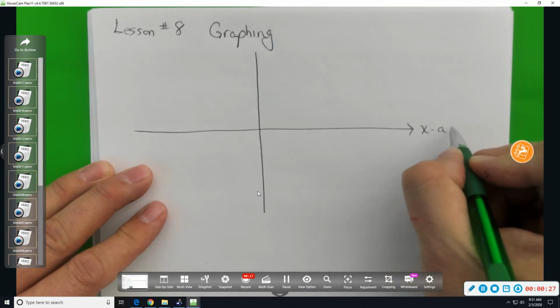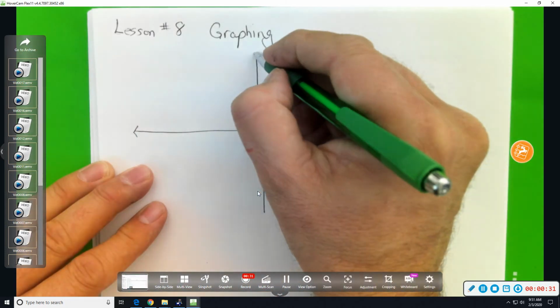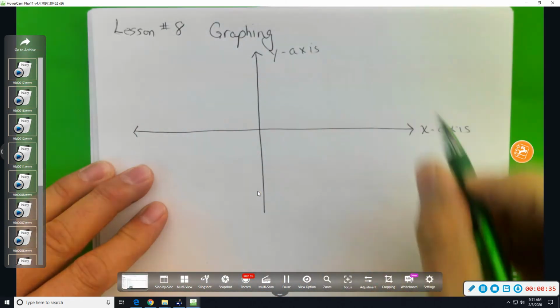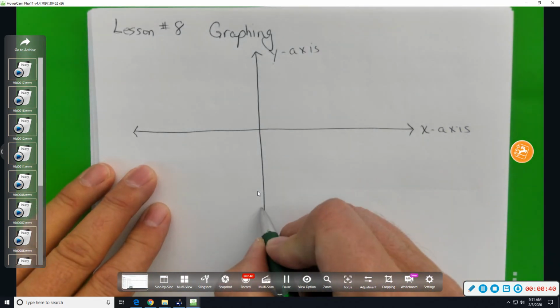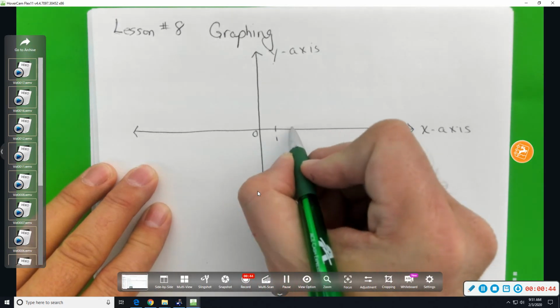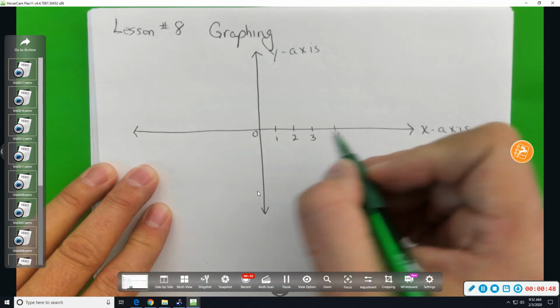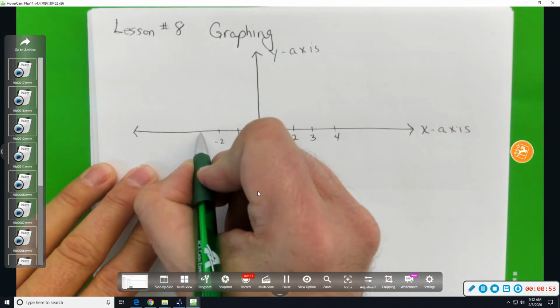The x-axis is a horizontal number line. The y-axis is a vertical number line. This is x, y. They intersect at 0. On the x-axis, the positive numbers are to the right and negative numbers to the left, just like a normal number line.